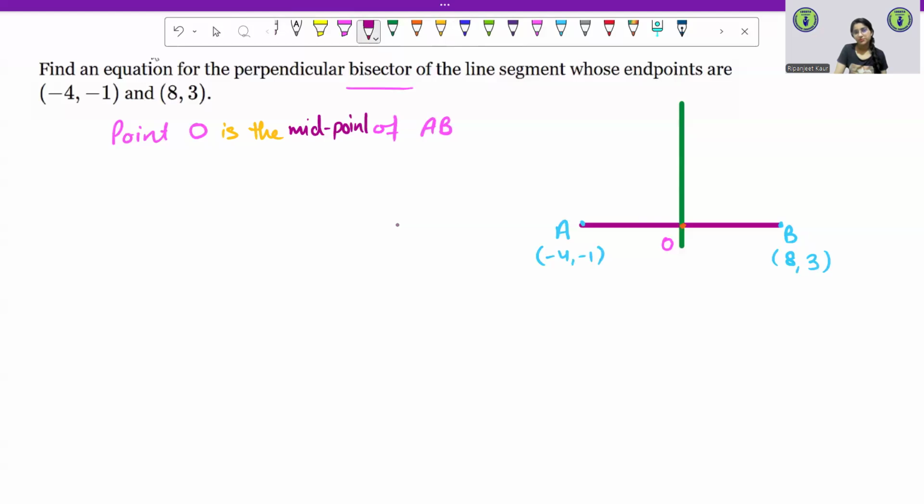Midpoint. So O is the midpoint of AB. And other than that, this green line is perpendicular to this magenta line. Over here, O is the midpoint. Can we find the coordinates of O somehow? What is the formula for finding the midpoint?